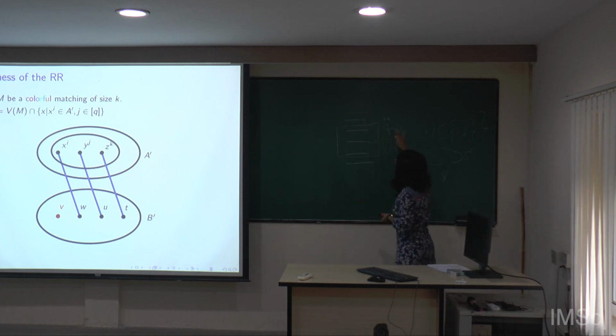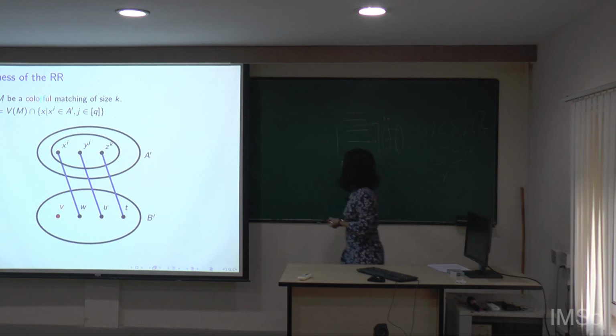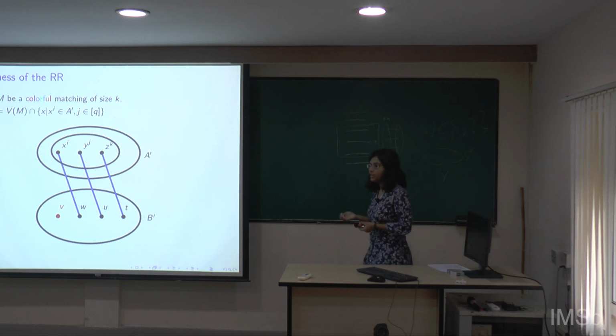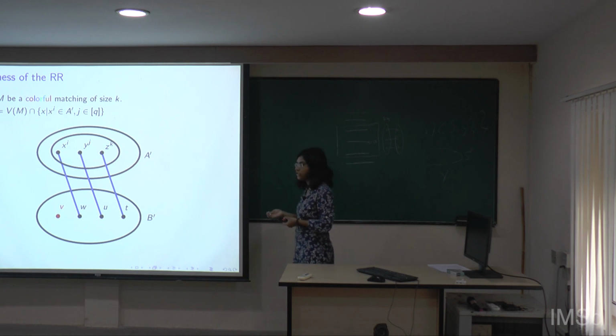So we are replacing with the same color. So this whole thing is colorful and is a matching. The new matching that I have produced is colorful and of equal size. So this gives you a colorful matching of size k in the reduced graph. That proves the safeness of this reduction rule.